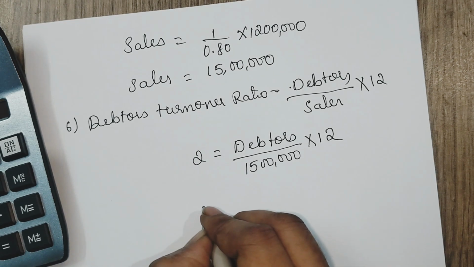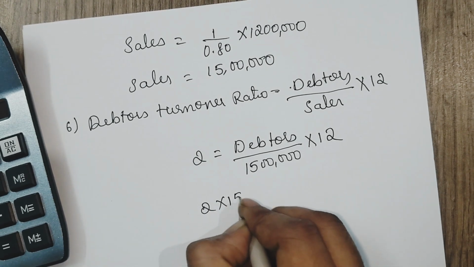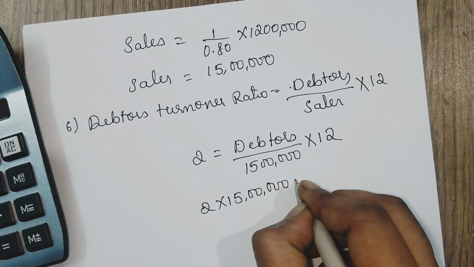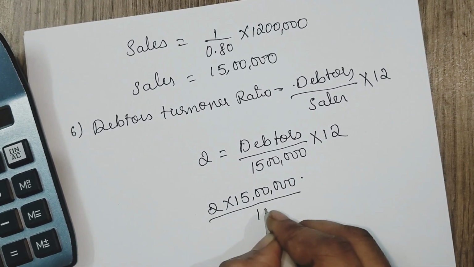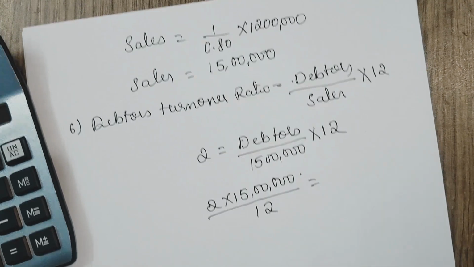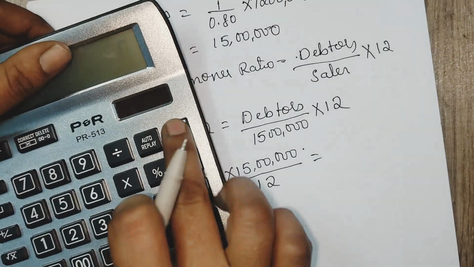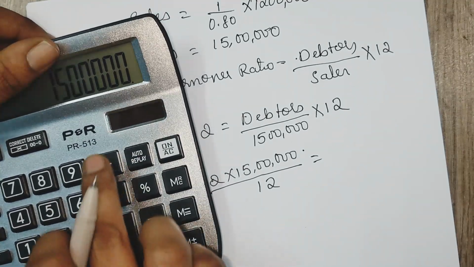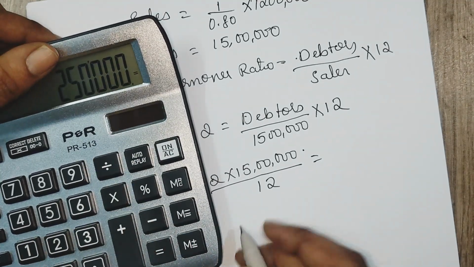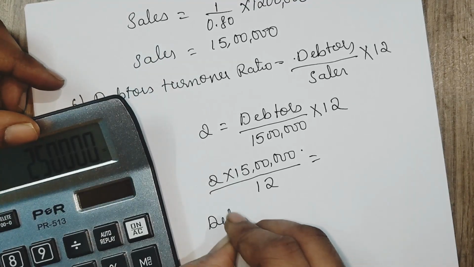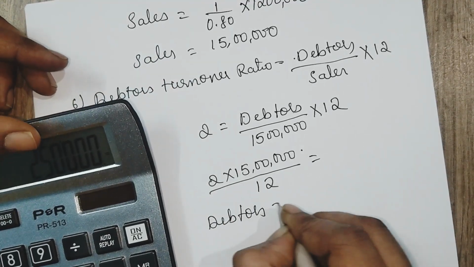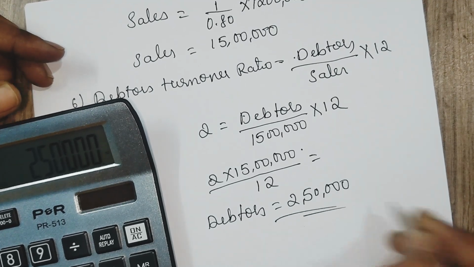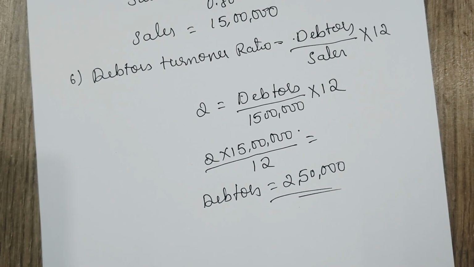Now 2 into 15 lakh divided by 12 is equal to debtors. 2 lakh 50,000 is debtors. So for the balance sheet, whatever items we require, we are calculating.